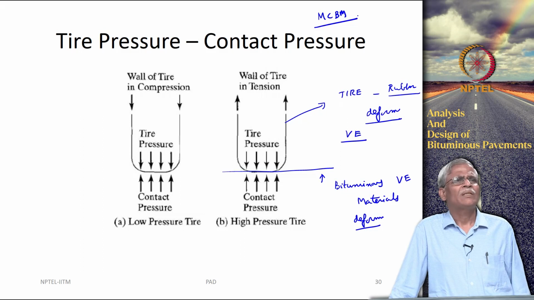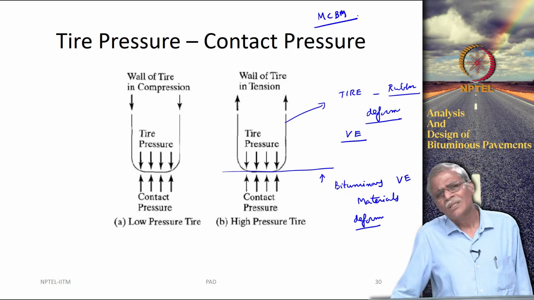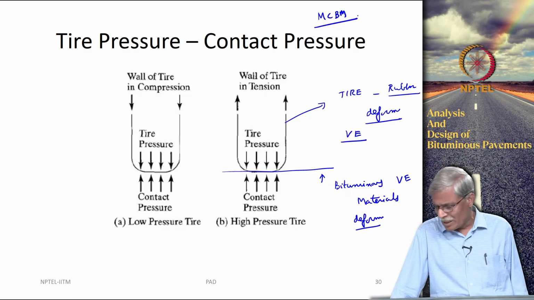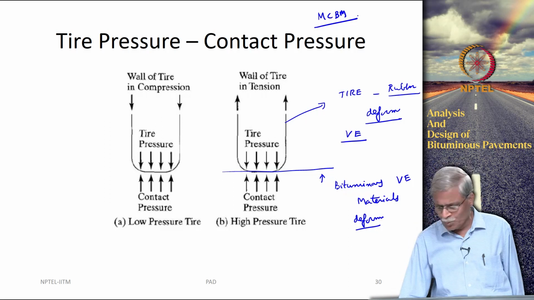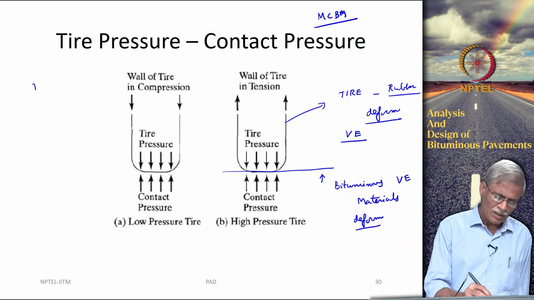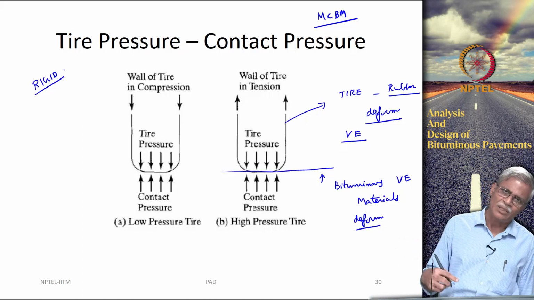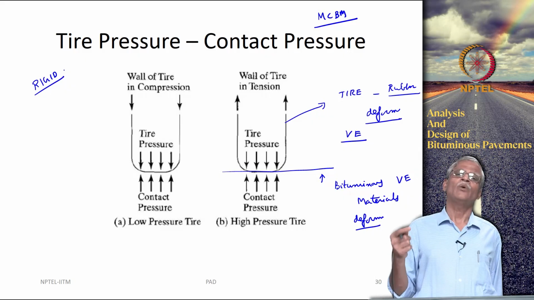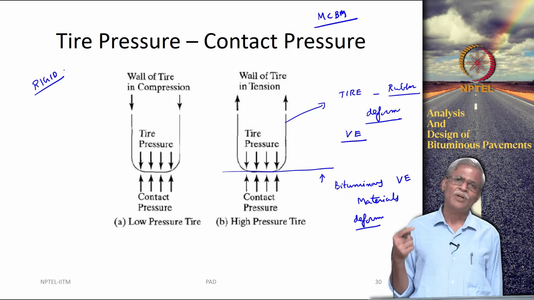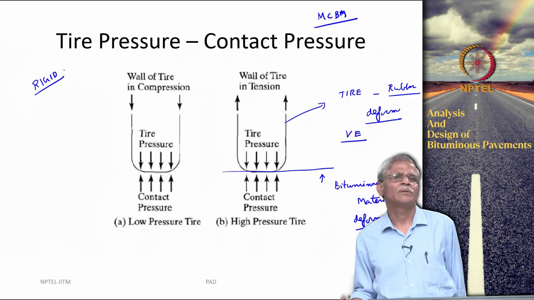Tire pressure, the air inside the tire, that is the pressure that we are talking about. But what is the important assumption that you have made here? The important assumption that you have made here is that the tire walls are rigid. So, since the tire walls are rigid, the load per unit area that is transferred from the tire to the pavement is nothing but the tire pressure.